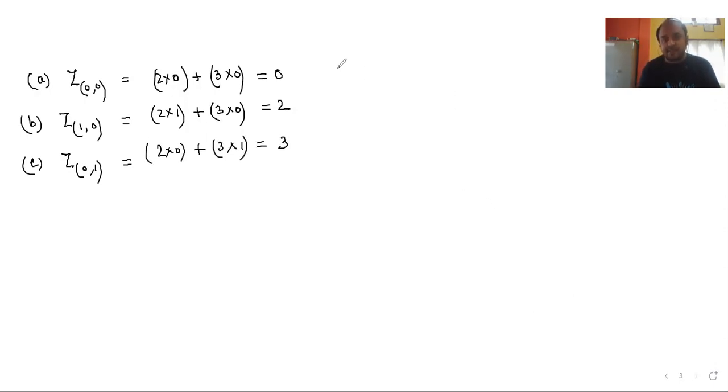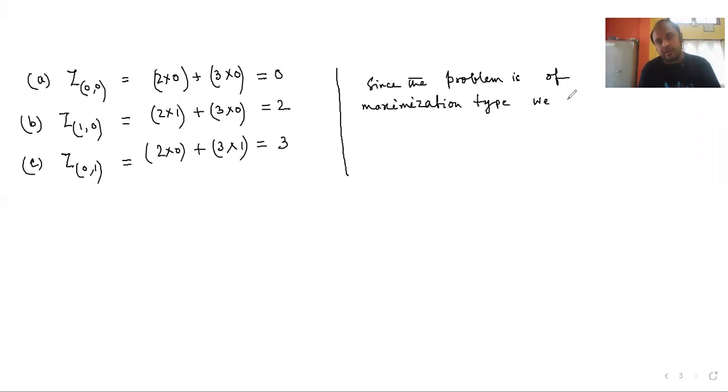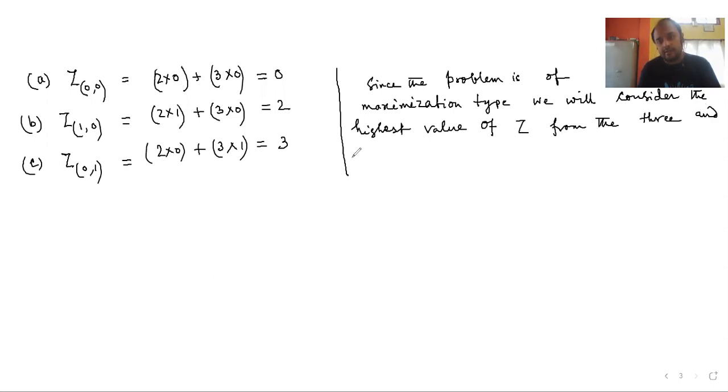Now, since the problem is of maximization type, we will consider the highest value of z from the 3, and that is 3.